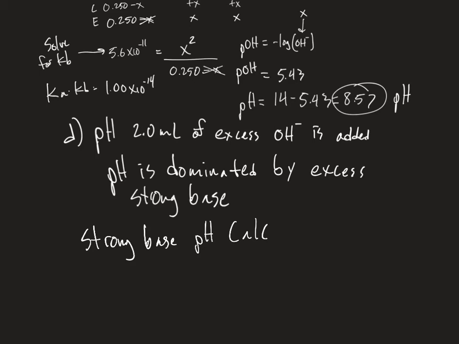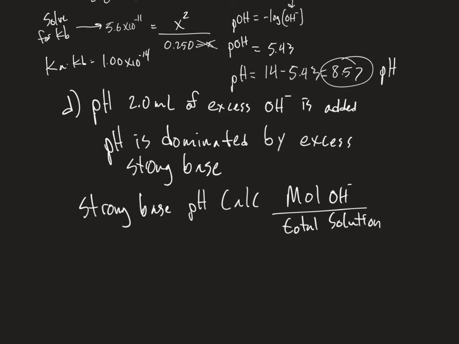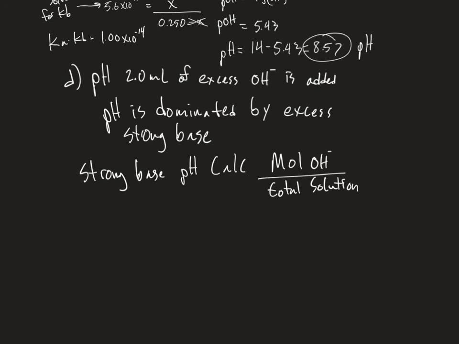So what do we need to know? Moles of OH minus per total solution volume. First, we need the molarity of OH minus. So this says 2 milliliters of excess OH minus is added. And if we take that 2 milliliters, let's go ahead and convert that to liters.